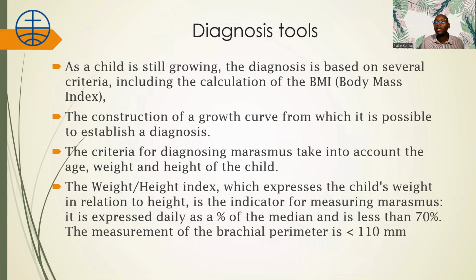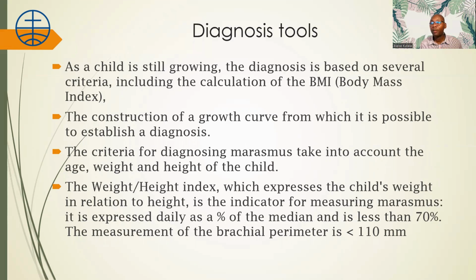Let's move to the diagnosis tools. As a child is still growing, the diagnosis is based on several criteria, including the calculation of BMI and the construction of a growth curve from which it's possible to establish a diagnosis.